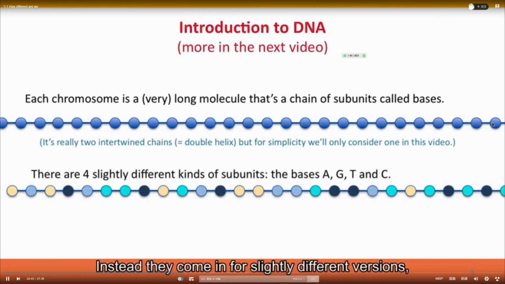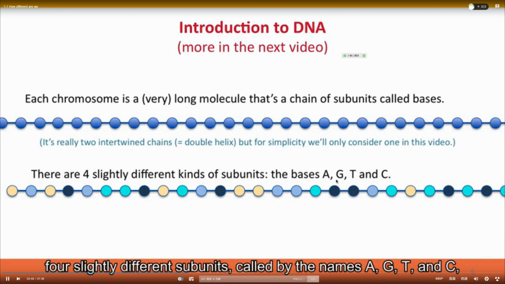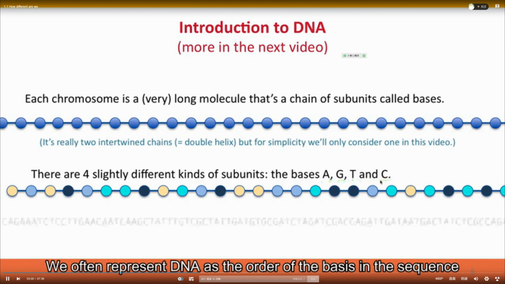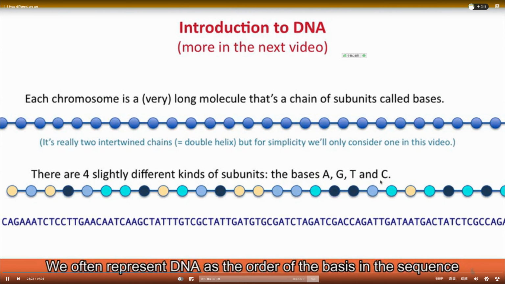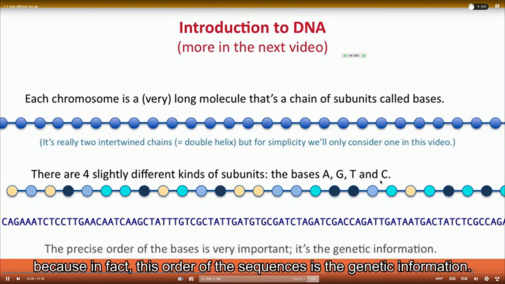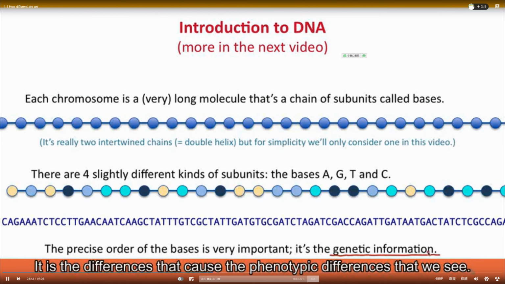Instead, they come in four slightly different versions, four slightly different subunits, called by the names A, G, T, and C, which are just the single letter abbreviations of their chemical names. We often represent DNA as the order of the bases in the sequence because, in fact, this order of the sequences is the genetic information. It is the differences that cause the phenotypic differences that we see.